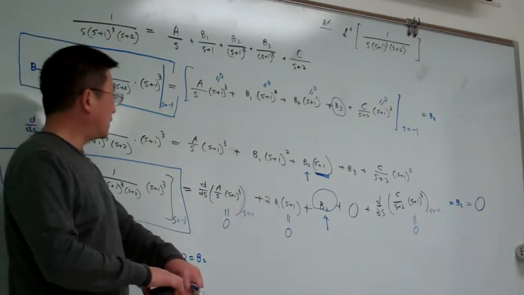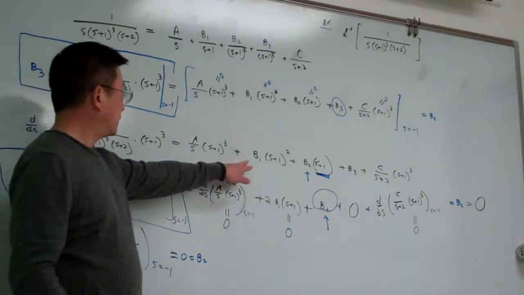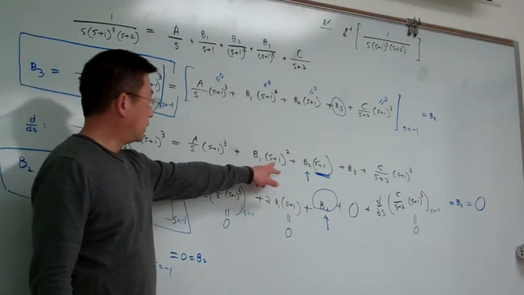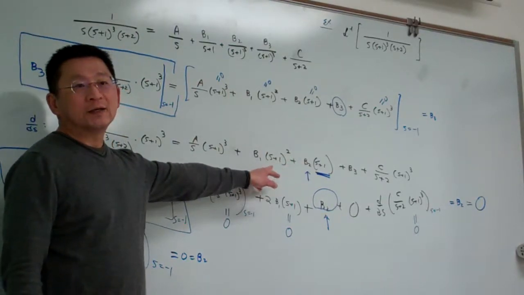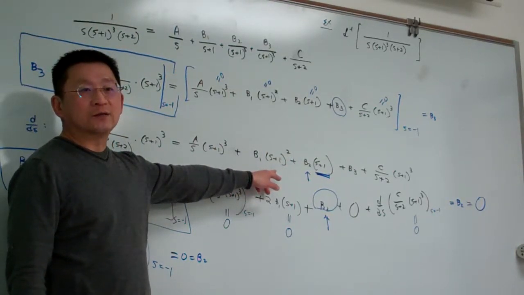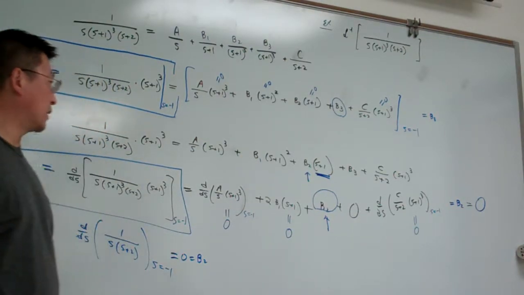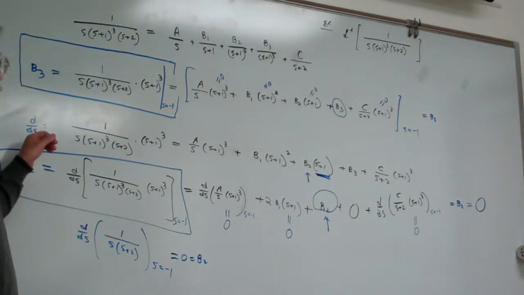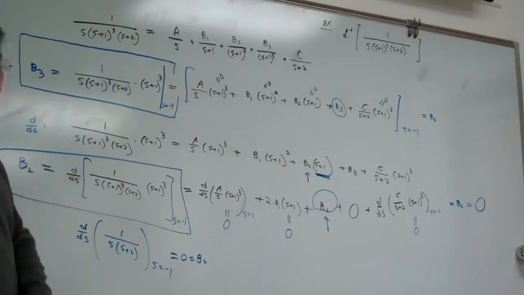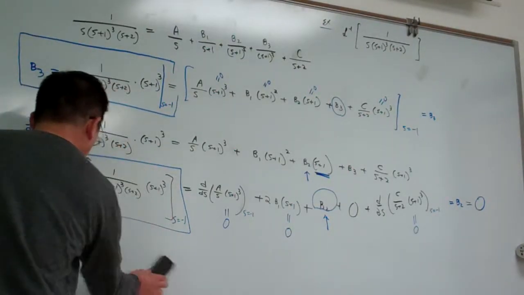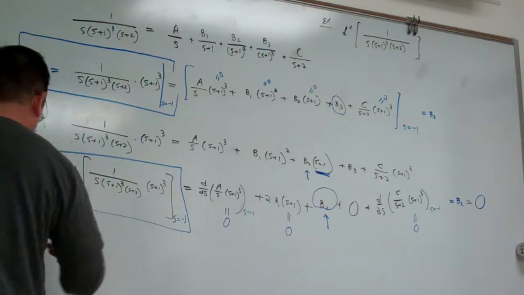B1 again, B1 is the coefficient of s plus 1 squared. So this one again, we want to have B1 stand out. Similar concept. We simply take the double derivative with respect to s on the opposite side. So that means here, let me write down this one quickly.